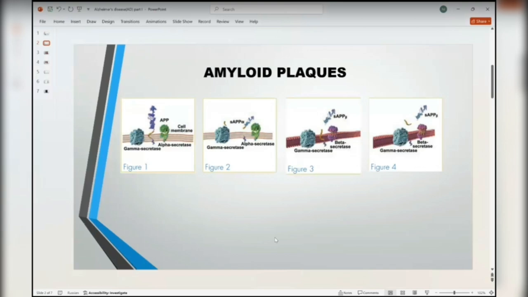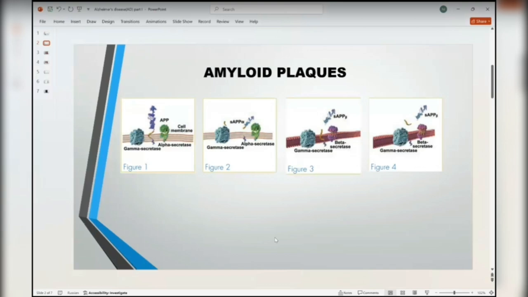In a number of cell compartments, including the outermost cell membrane, specific enzymes snip amyloid precursor protein into discrete fragments.